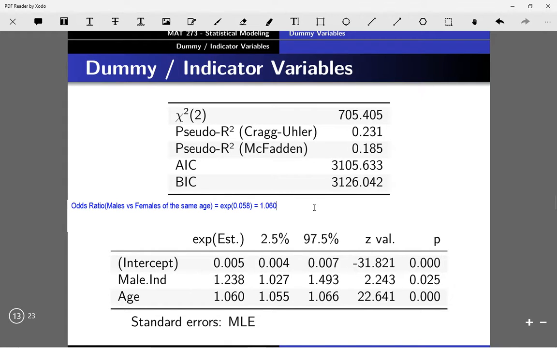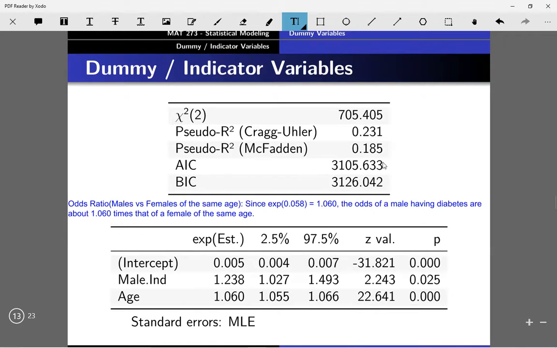So we can say, since e to the 0.058 equals that, the odds of a male having diabetes are about 1.060 times that of a female of the same age.